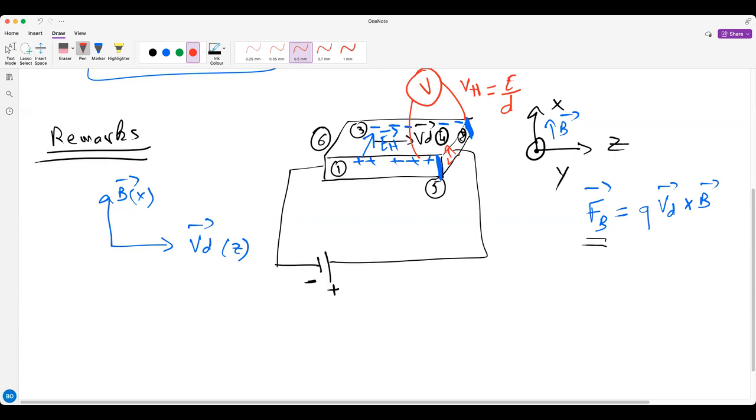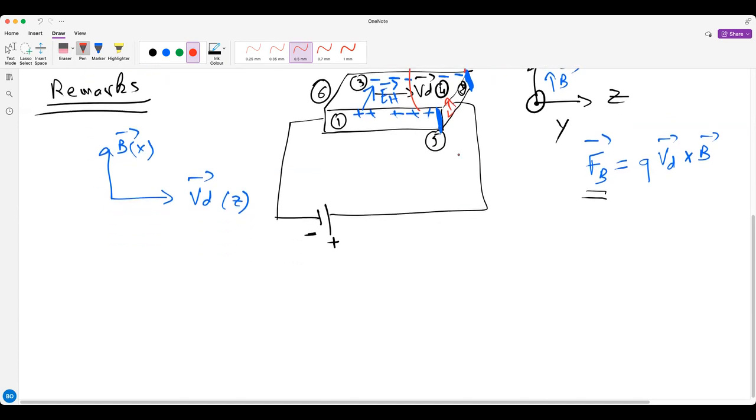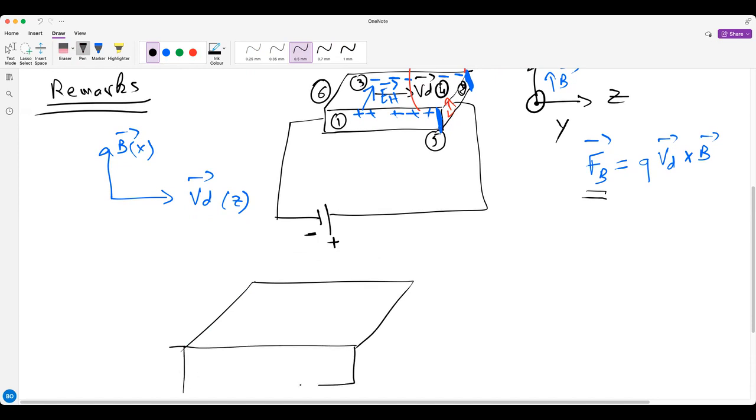Yes, exactly, D is the distance between phase 1 and phase 3. For example, just to make it clear, let's assume this distance is 2 millimeters, this distance is 6 millimeters, and this distance is 10 millimeters.